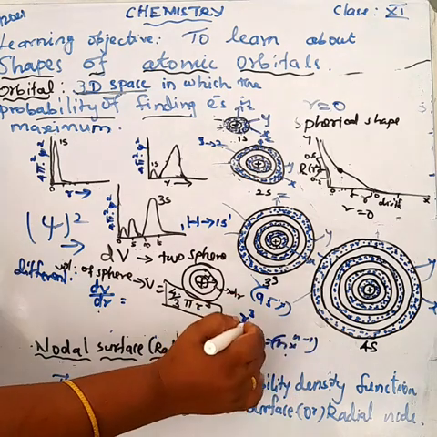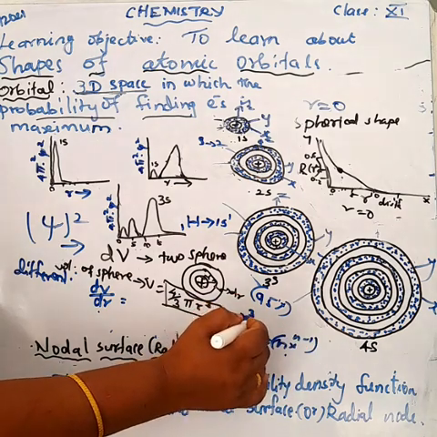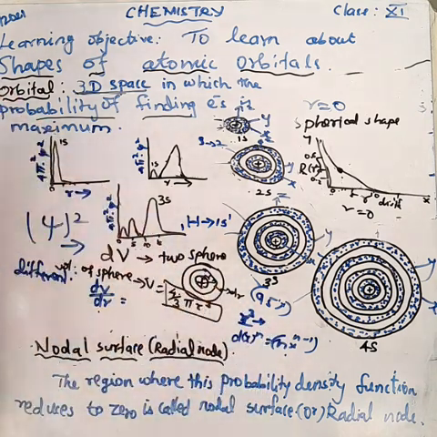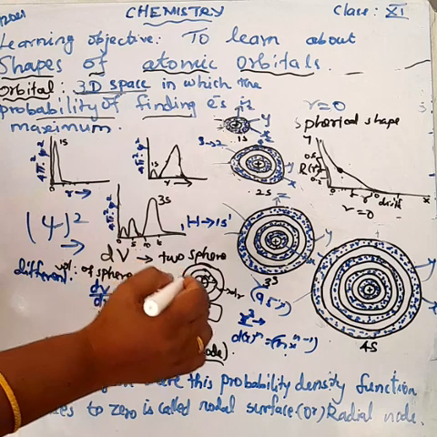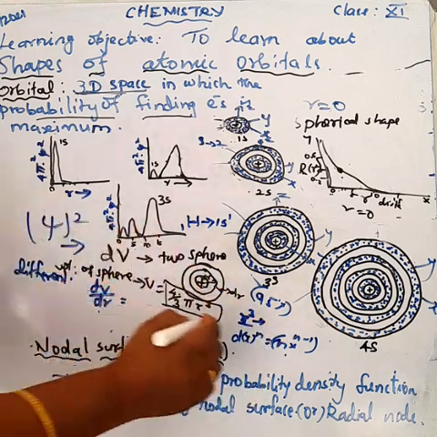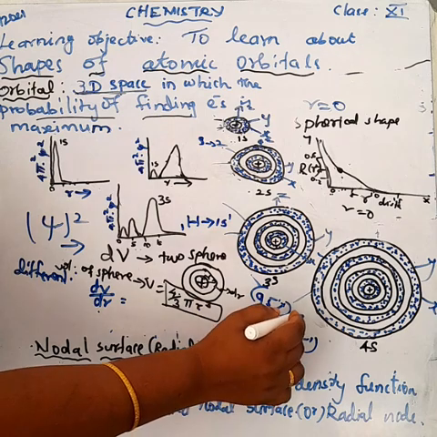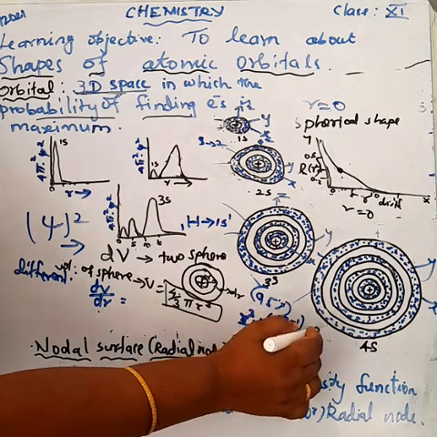So when differentiating r cube, we get 3r power 3 minus 1, so we get 3r square.